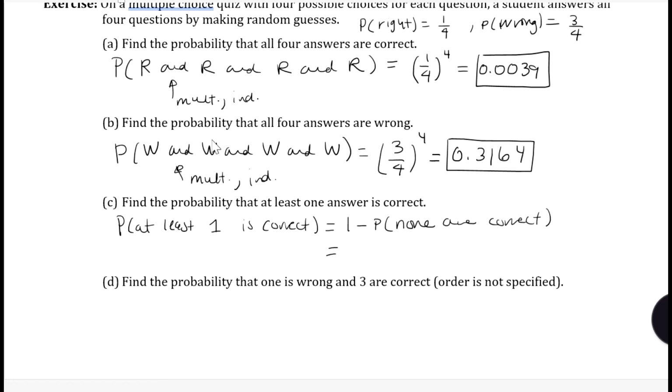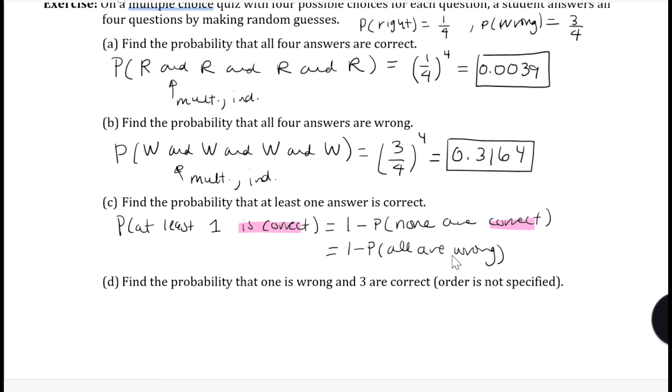So again, highlight that this event being correct is going to be, so at least one of that event is 1 minus probability of none of that event. Okay, so that's the same thing as 1 minus probability that all are wrong.